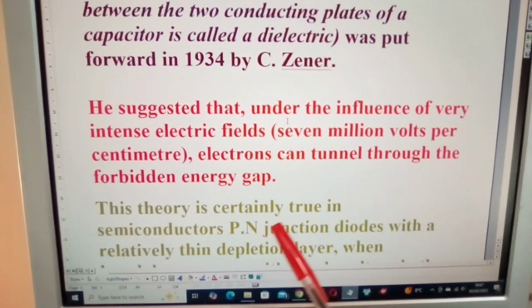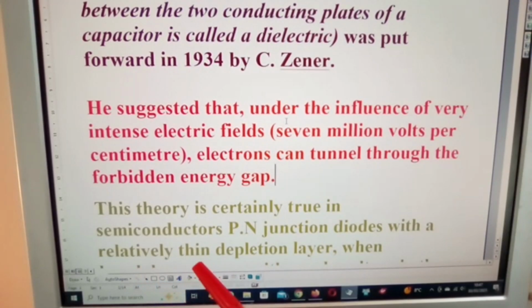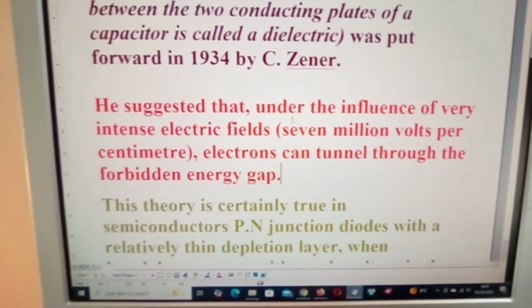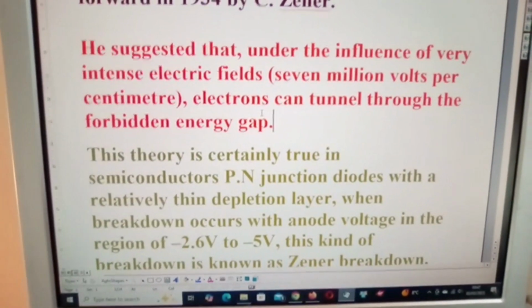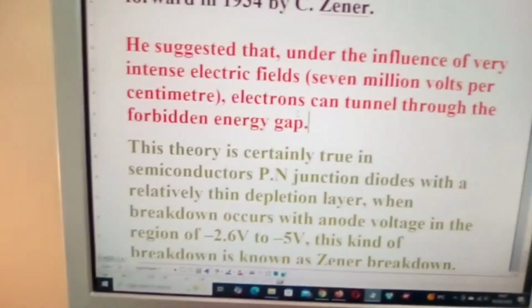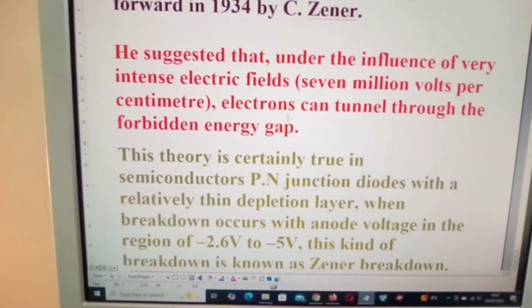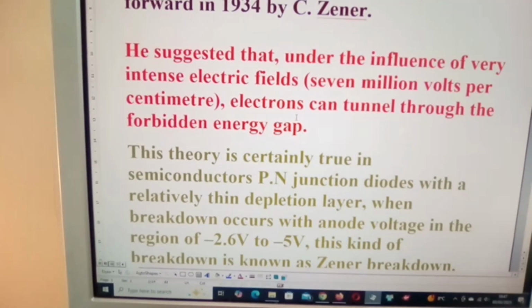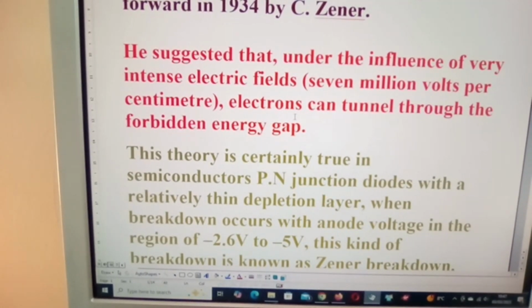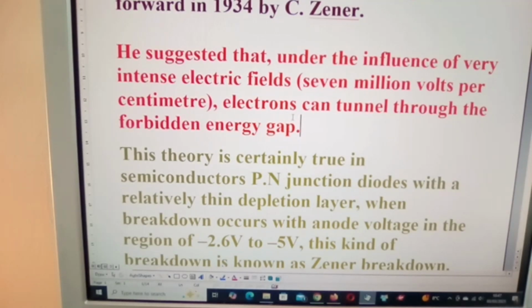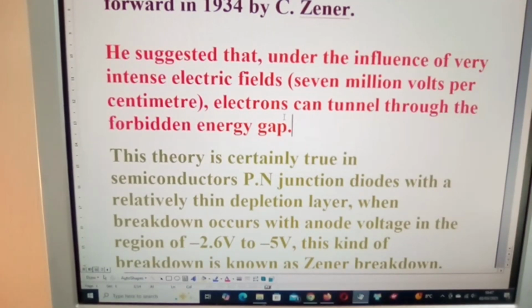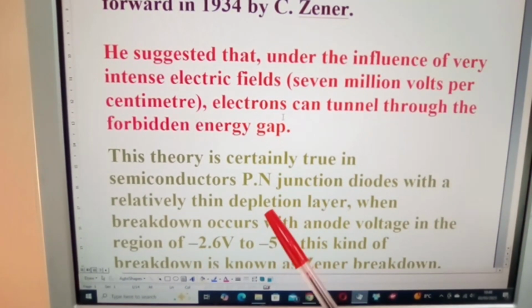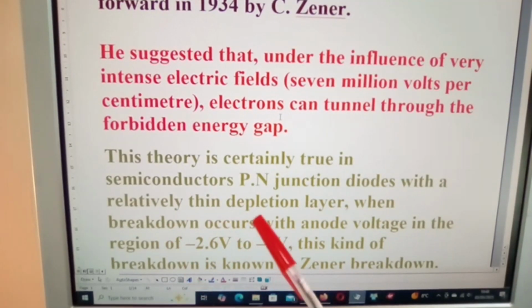This theory is certainly true in semiconductors, p-n junction diodes with a relatively thin depletion layer.